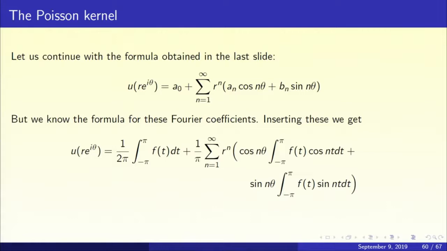So you get u of r e to the power i theta as a series, 1 upon 2 pi integral minus pi to pi f(t) dt plus 1 upon pi summation n from 1 to infinity r to the power n [cos n theta integral minus pi to pi f(t) cos nt dt plus sin n theta integral minus pi to pi f(t) sin nt dt].